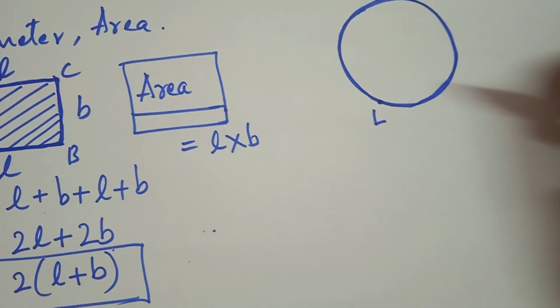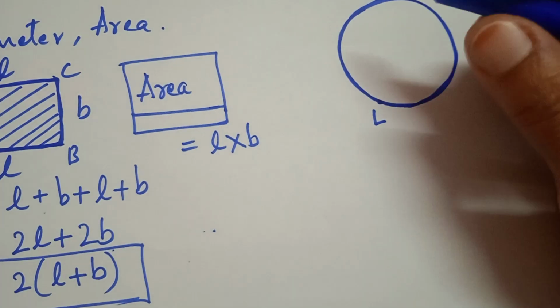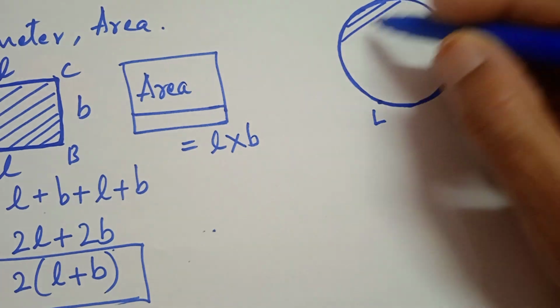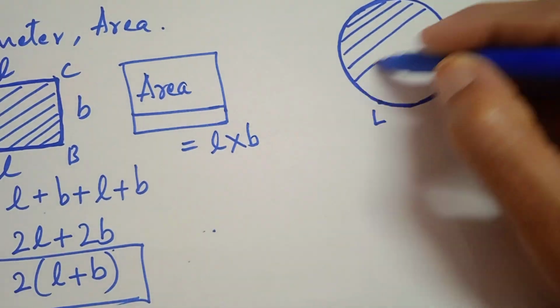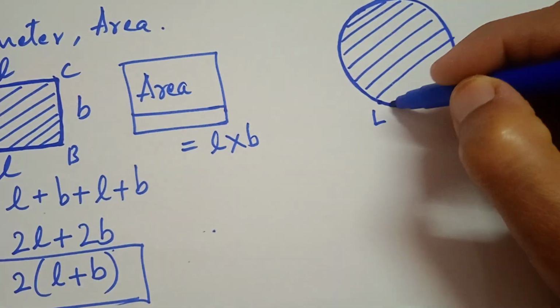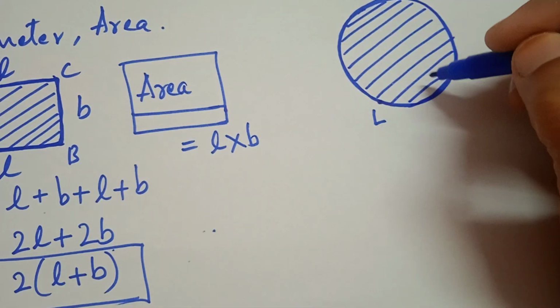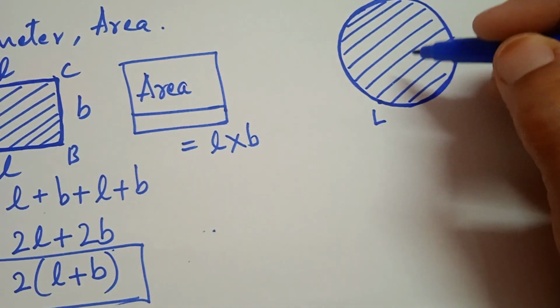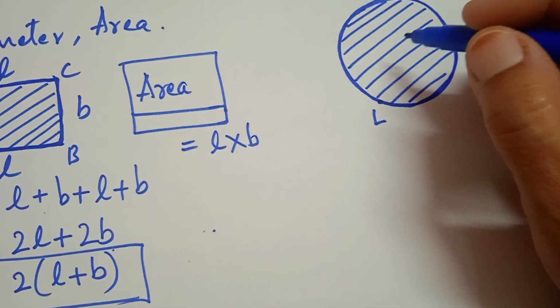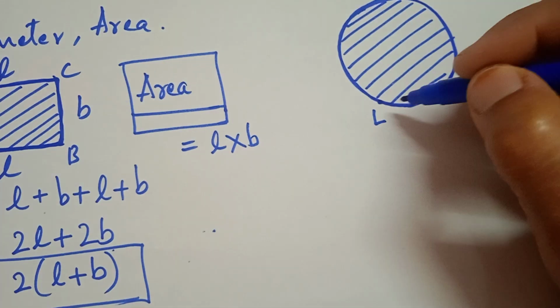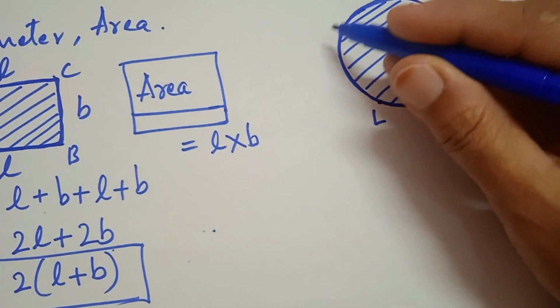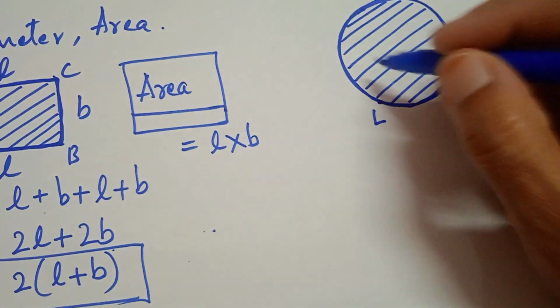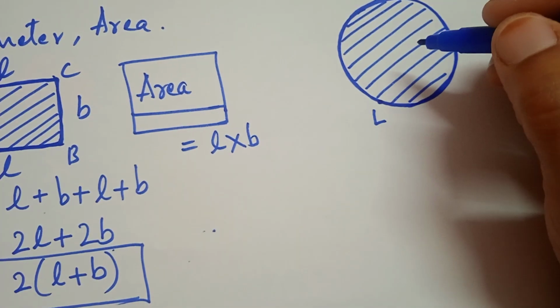Whereas the region enclosed by this circle is called the area. The path is called perimeter, whereas the region inside is called area.